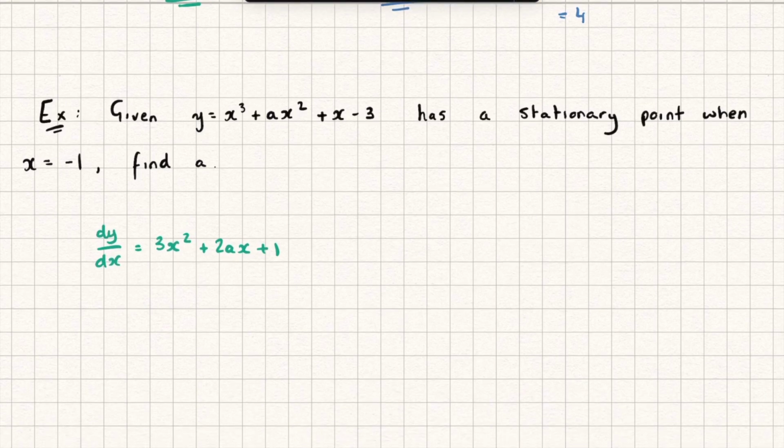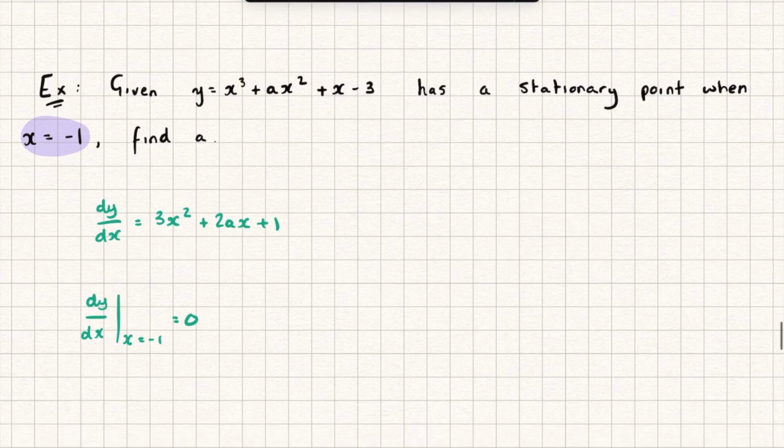Now, if we were to set this equal to 0, we can't really solve it because we don't know what a is equal to. But the question does tell us that when x is equal to negative 1, we have a stationary point, which means if I substitute negative 1 into my derivative, it must equal 0. So dy by dx at the point x equals minus 1 must equal 0.